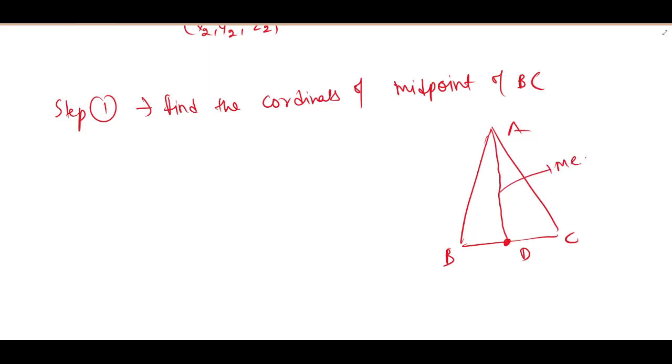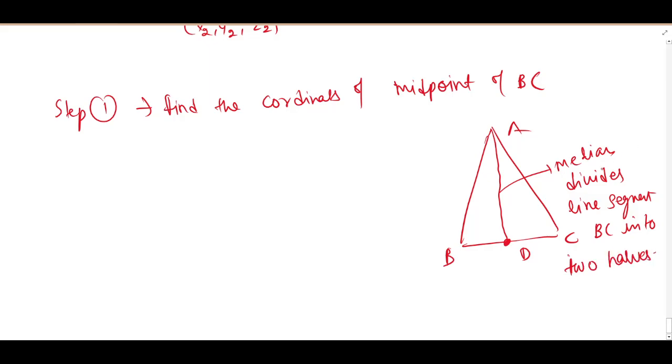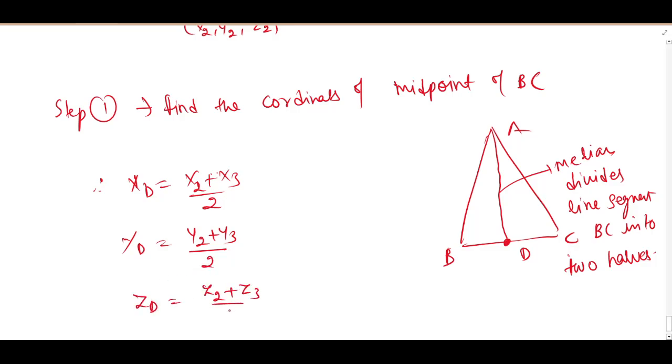This is a median, which divides the line segment BC into two halves. Therefore the coordinates of point D will be xD is equal to (x2 plus x3) by 2, yD should be equal to (y2 plus y3) by 2, and zD is equal to (z2 plus z3) by 2.